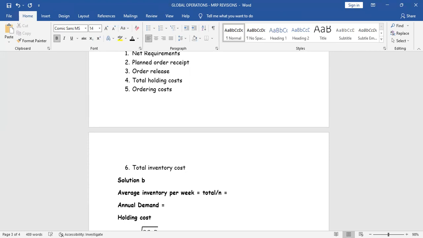The total over N, which I just calculated, is 270. And then the number of weeks involved is 10 weeks. So meaning the average inventory is 27 per week.